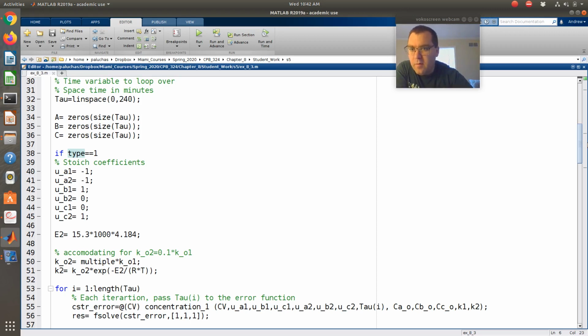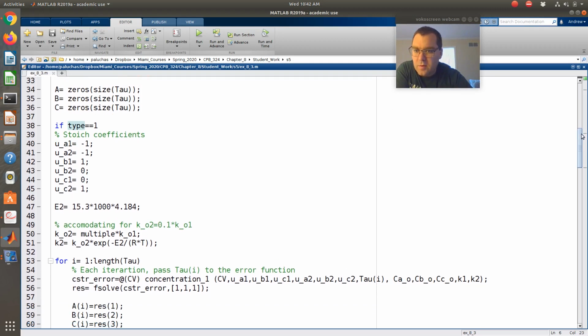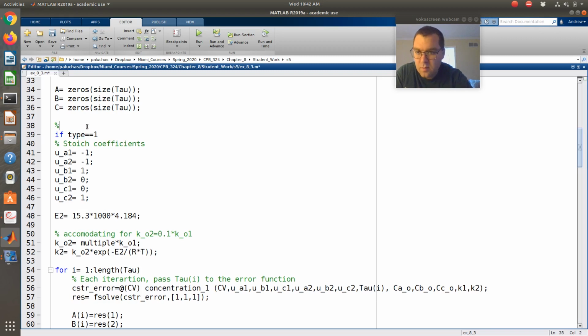Vector of tau values. Then vectors to collect concentrations of A, B, and C. Okay, good. So if it's type 1, type 1 must be parallel, because you have A as a reactant in both, B a product in the first, and C a product in my second.